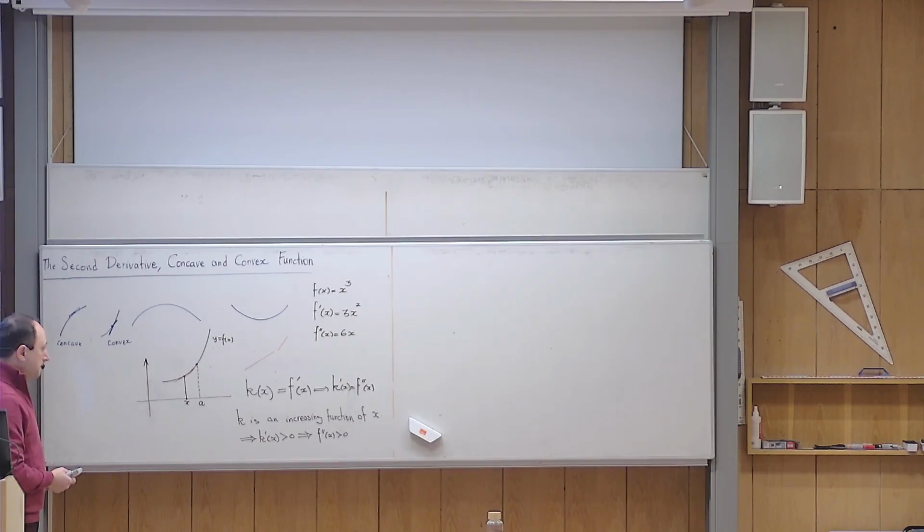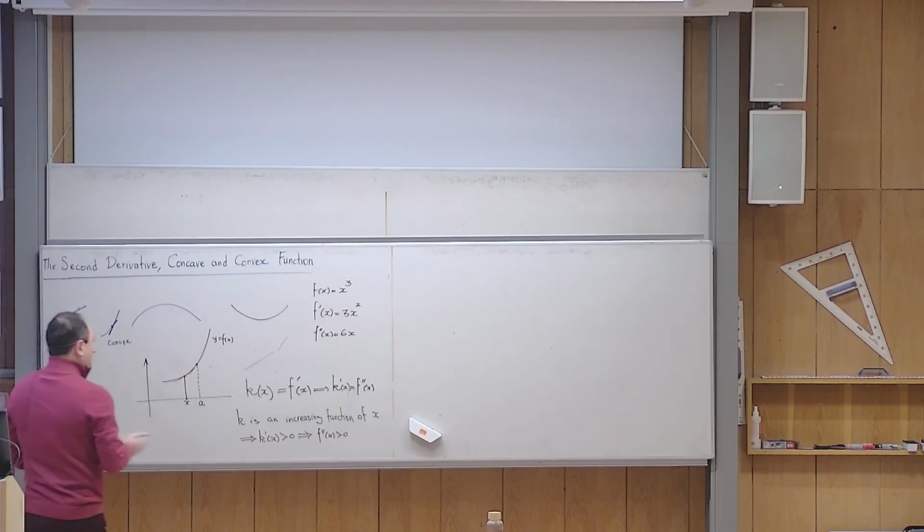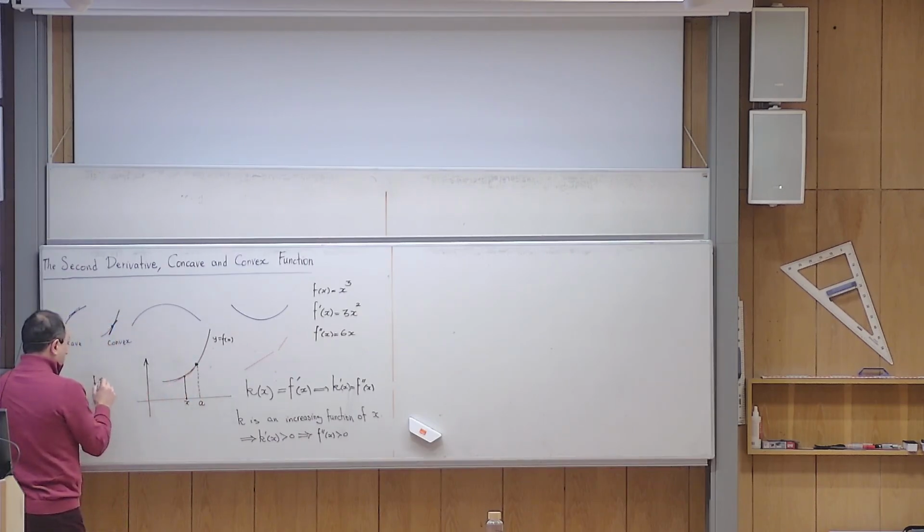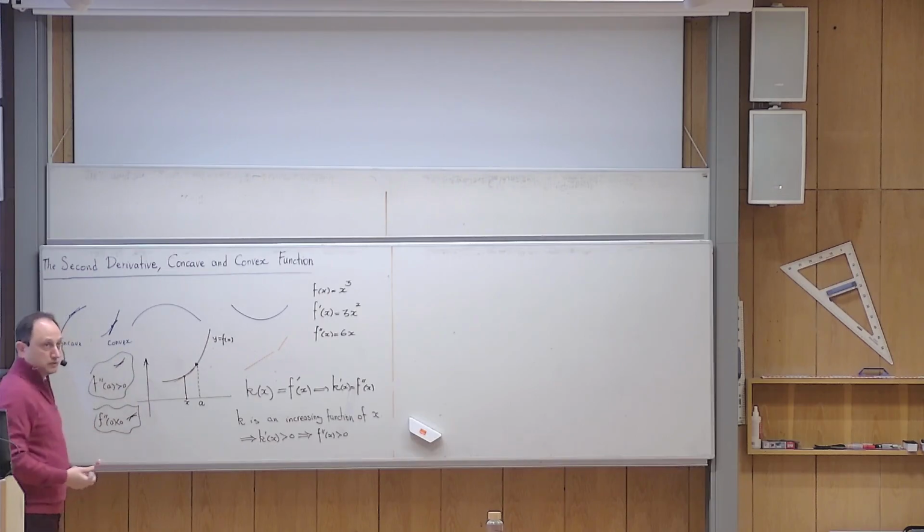Okay? So this is why we now know this behavior. So if f double prime of a is positive, you should expect this behavior. And if f double prime of a is negative, you should expect this behavior. Yes? So this is something you should have in mind based on this intuitive argument.